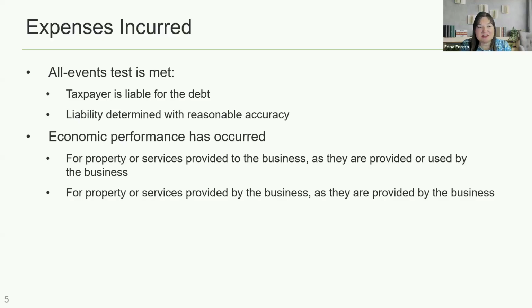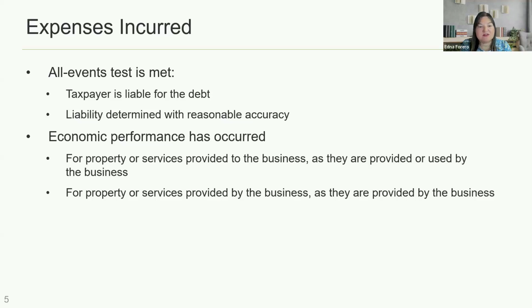So we've told them how much they owe us, we've reported it as income, but we also need to look now at the expense of that. So it's going to cause an accounts payable journal entry for us. So we want to look also at the economic performance, or when the work was done, when it occurred. In this case, for property or services provided to the business, as they are provided or used by the business.